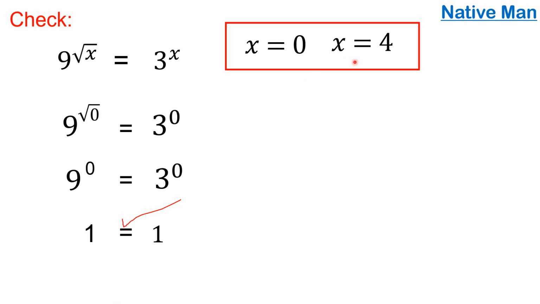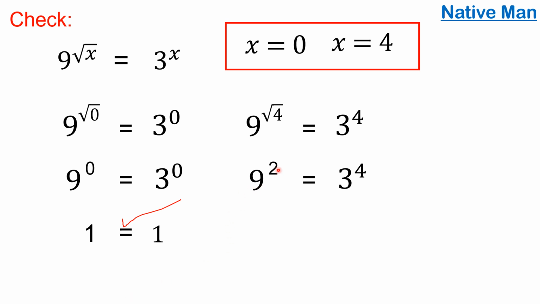How about x is equal to 4? Let's try x is equal to 4. From the original equation, 9 raised to square root of 4 is equal to 3 raised to 4. Simplify: square root of 4 is 2, so it becomes 9 raised to 2 is equal to 3 raised to 4.